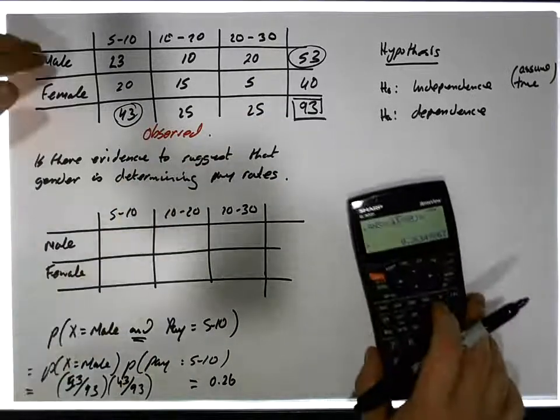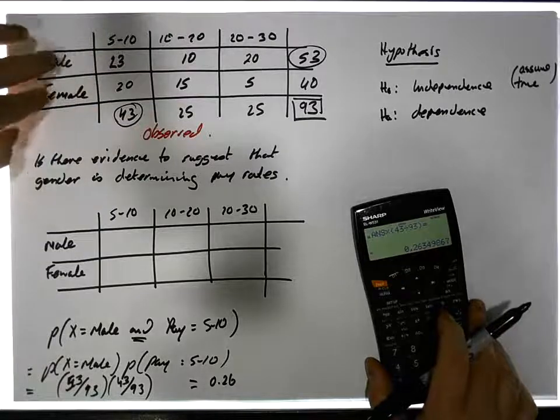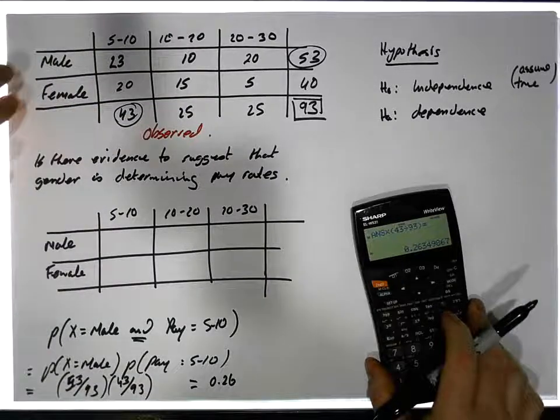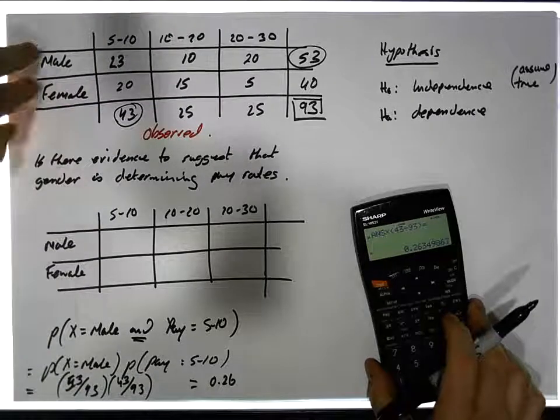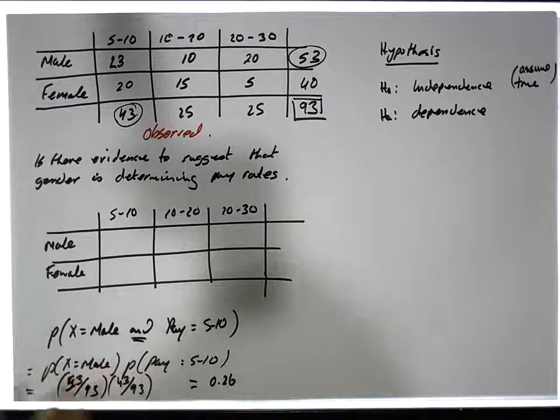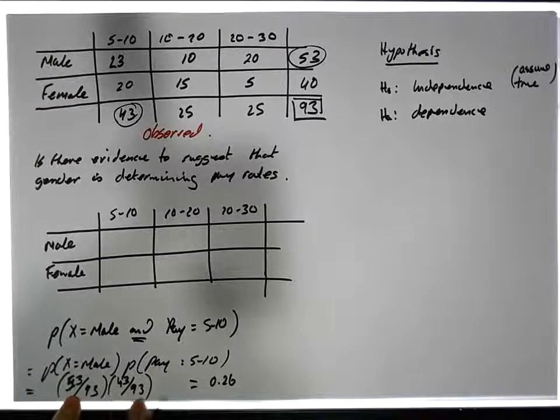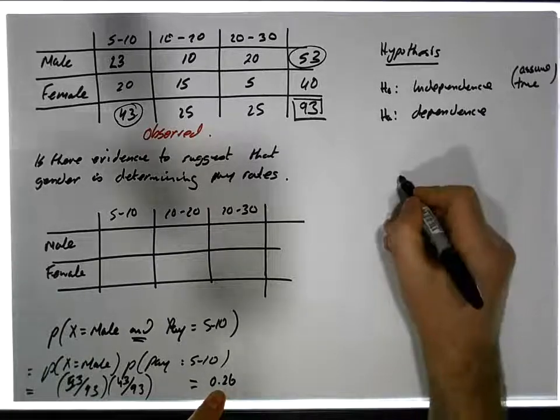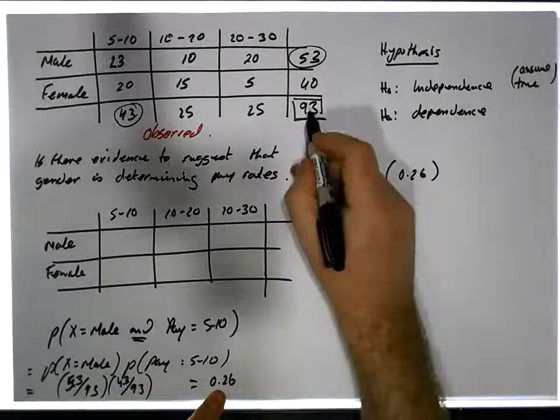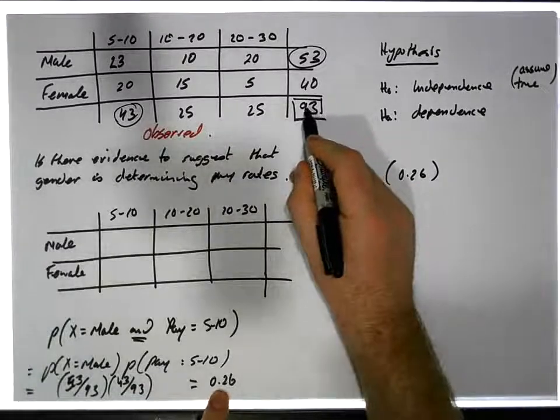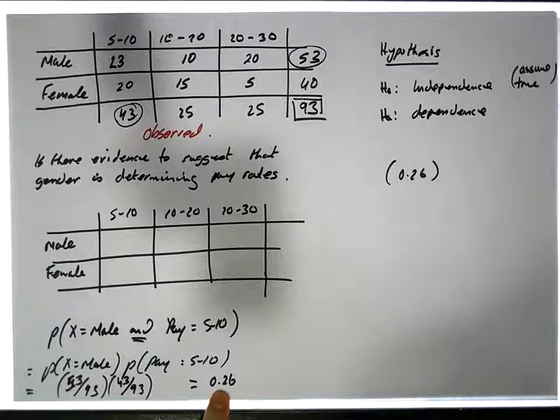if your rate of pay was independent of your gender. So let's just look at this for a moment and see what happened with the probabilities. I'm going to take that 0.26 and multiply it by the total frequency, the total number of observations that we have.